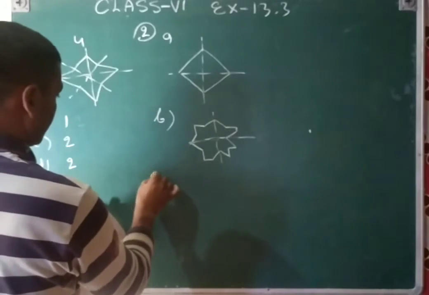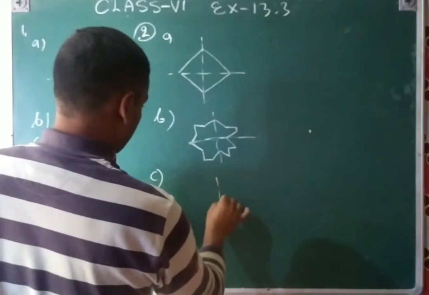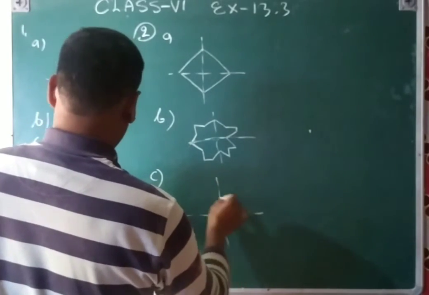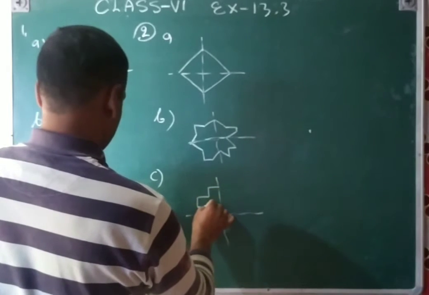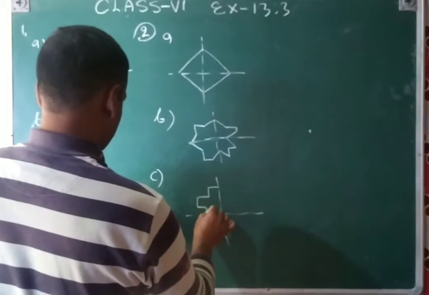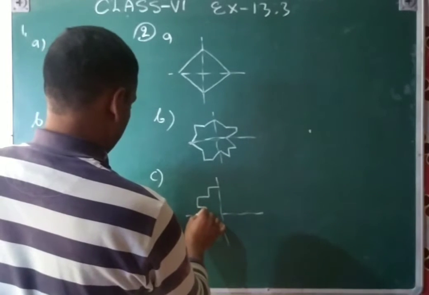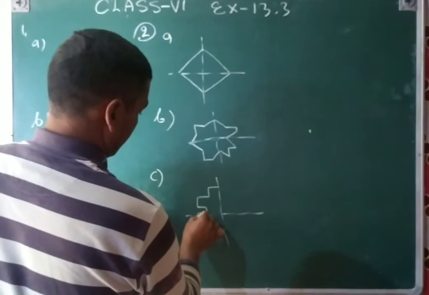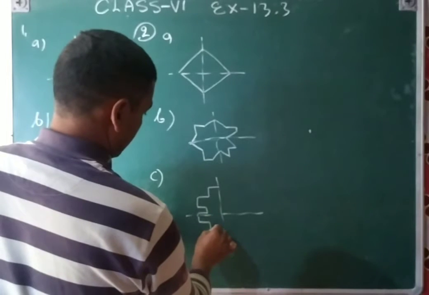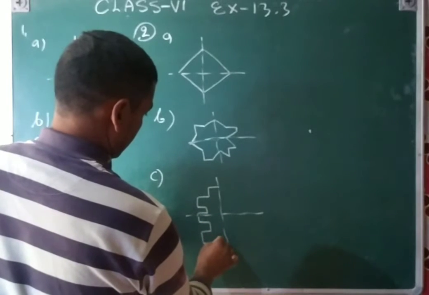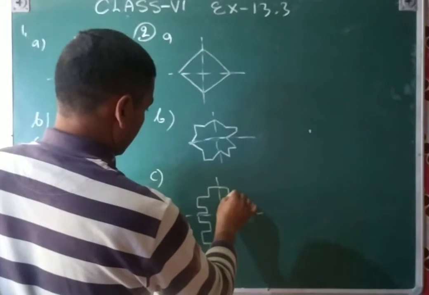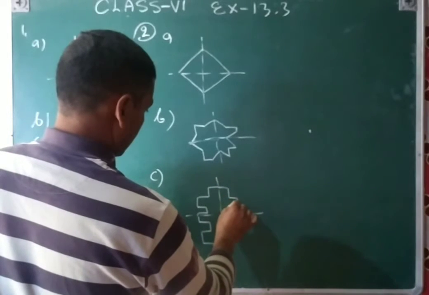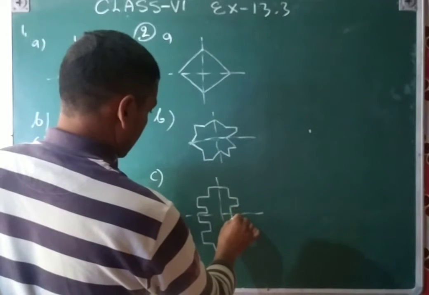See the C part also, this is the dotted line. So similarly this one, and then like this also, like this also.